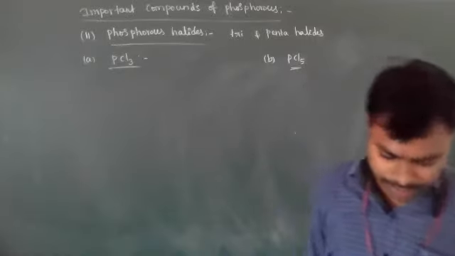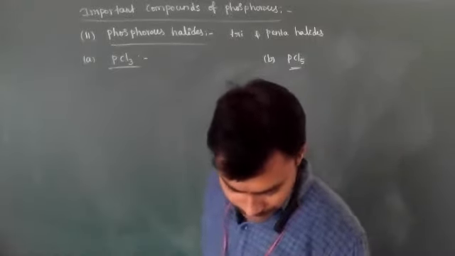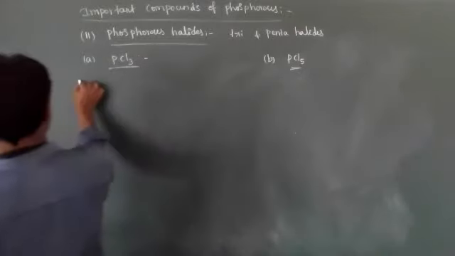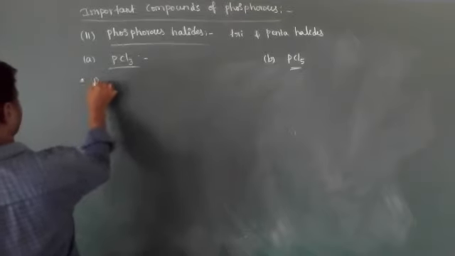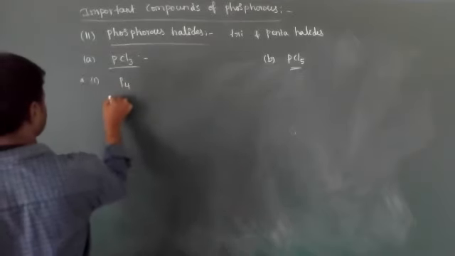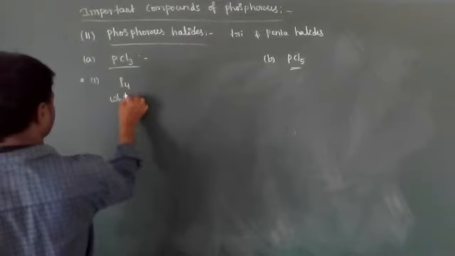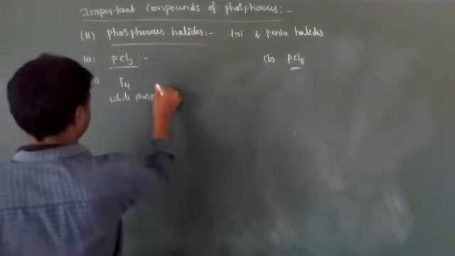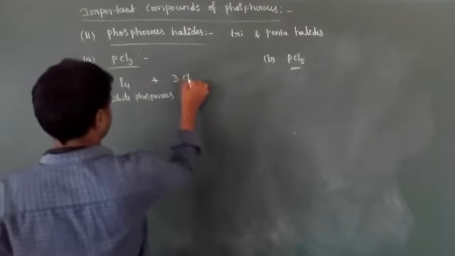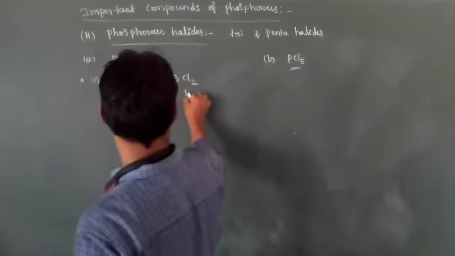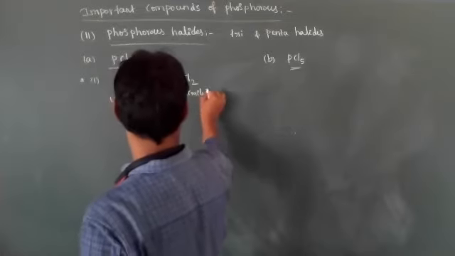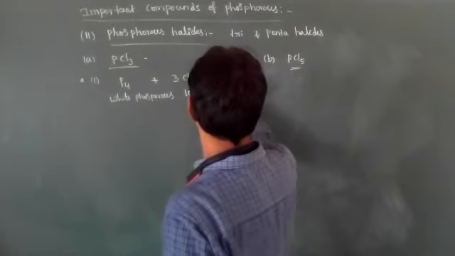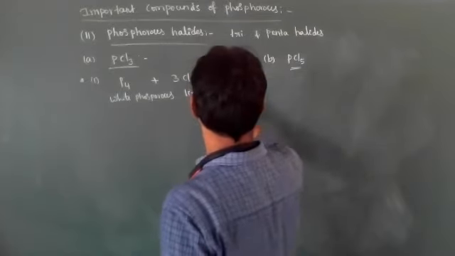Now let's see the preparation methods of PCl3 and PCl5. The first one: white phosphorus treated with a limited amount of chlorine forms 4 moles of PCl3.